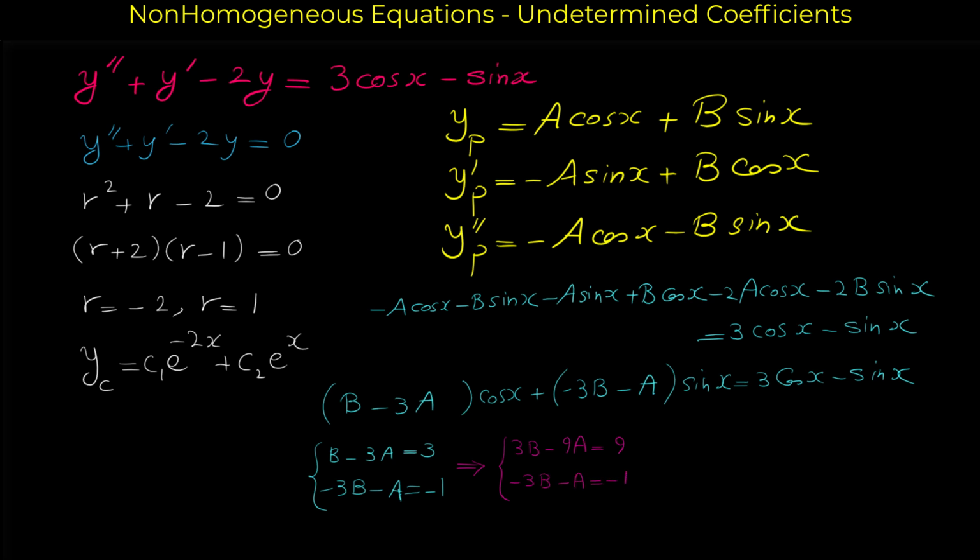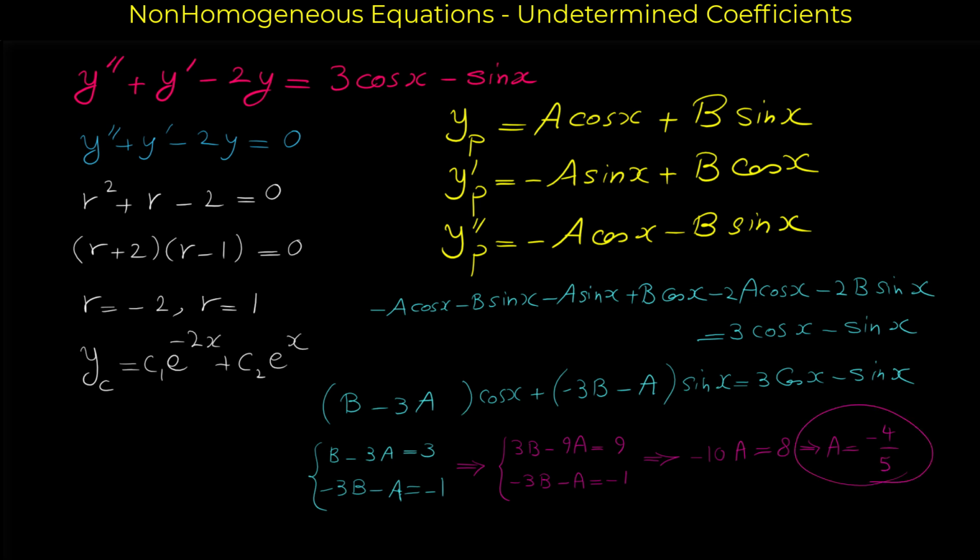Now if we add these two equations, this cancels with this, so nothing from b remains. Negative 9a minus a is negative 10a. And 9 minus 1 is 8. So from this, a equals 8 over negative 10, or 4 over negative 5, which is negative 4 over 5.